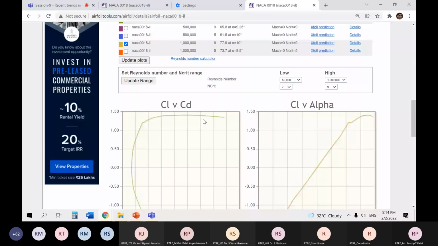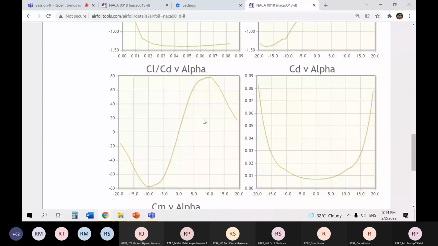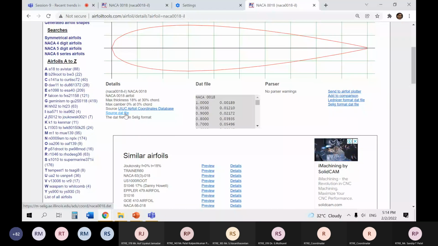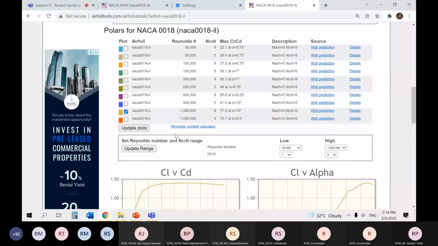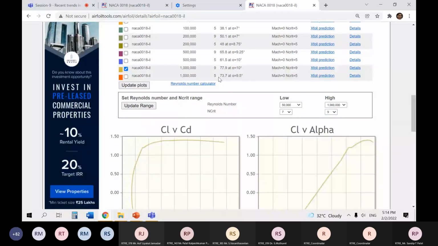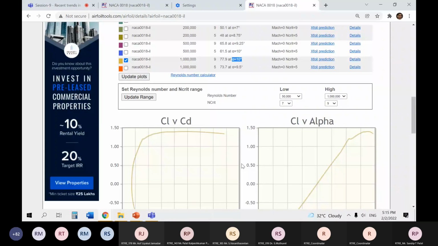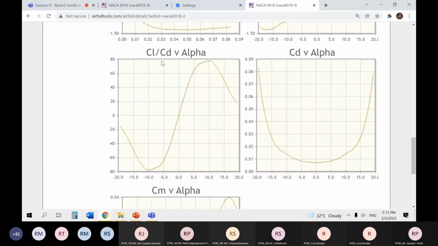You can also download the Excel sheet for the same from this source data file. Fine. So here the result you can see, maximum CL by CD for this particular airfoil is 77.0 at alpha 10 degrees, meaning our design angle of attack is 10 degrees. And in the CL by CD graph, you can see this highest point is at 10 degrees.